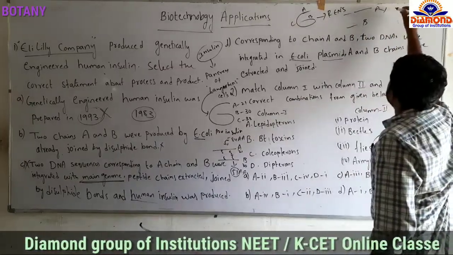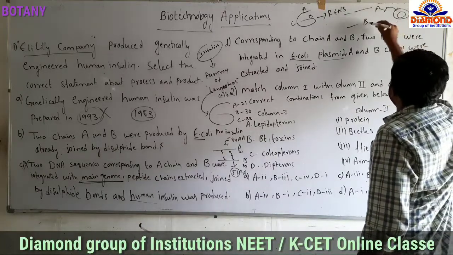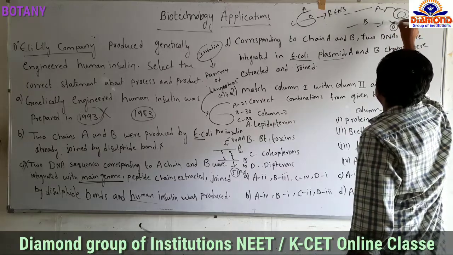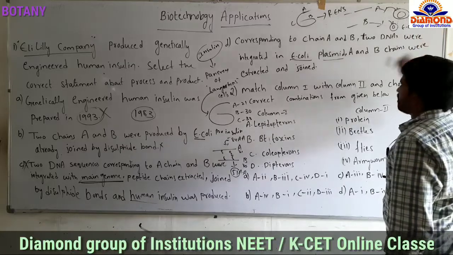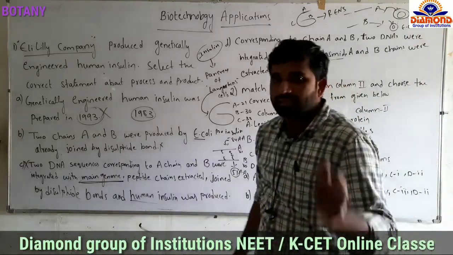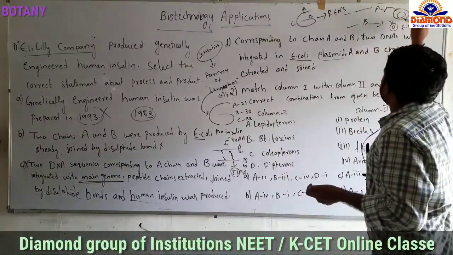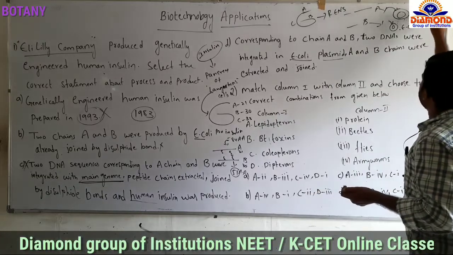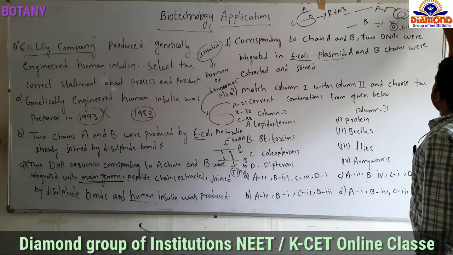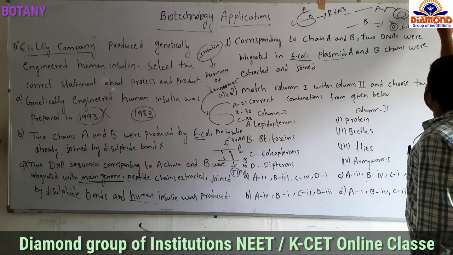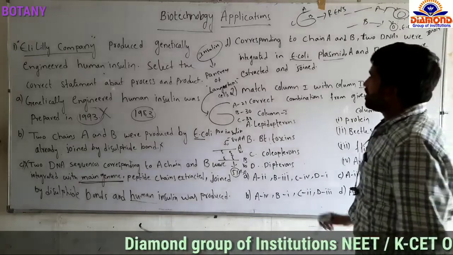The A chain is integrated into the plasmid of one E. coli bacterium and the B chain into another E. coli bacterium. Like that, the A and B chains are multiplied or cultured in different E. coli bacteria. Later, the two chains are selected, extracted and combined together. Between the A and B chains, they form the disulfide bond. So this insulin we call mature insulin. So the answer is correct.